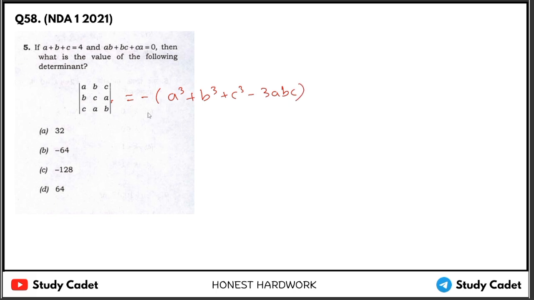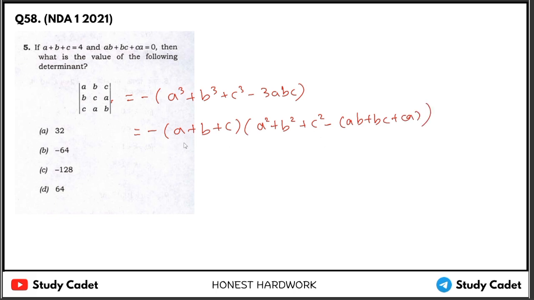So its value is minus a plus b plus c times a square plus b square plus c square minus ab plus bc plus ca.